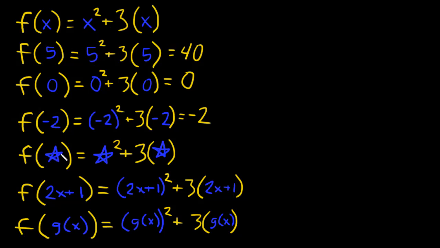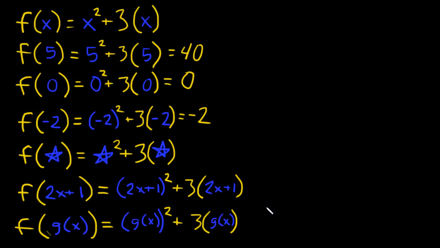If I put a star in for that x up here at the top, I need to put a star in over on the right-hand side for all the terms that had x. So when I get down to the very bottom, I've got f of g of x. That means I'm going to replace the x that was up here with g of x. So that's g of x squared plus 3 times g of x. And that's it.